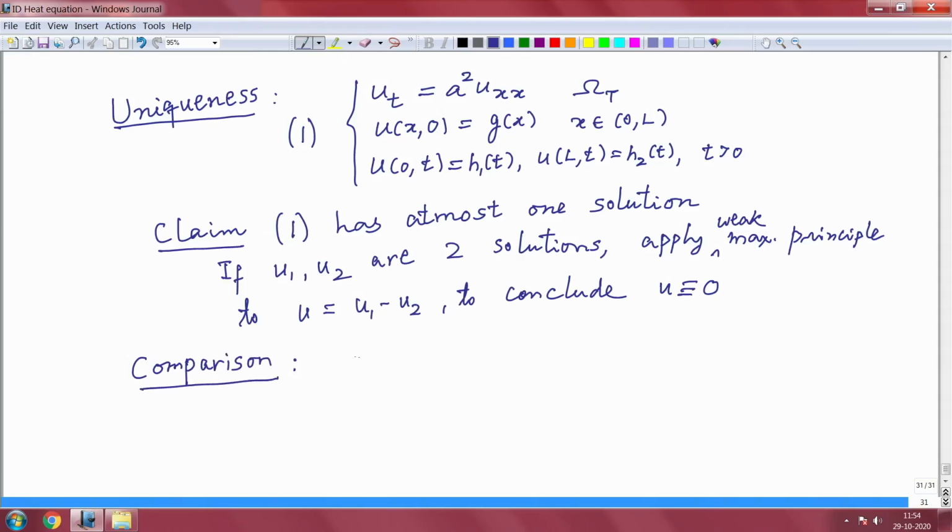So, now you consider problems with different initial values and possibly different boundary values.